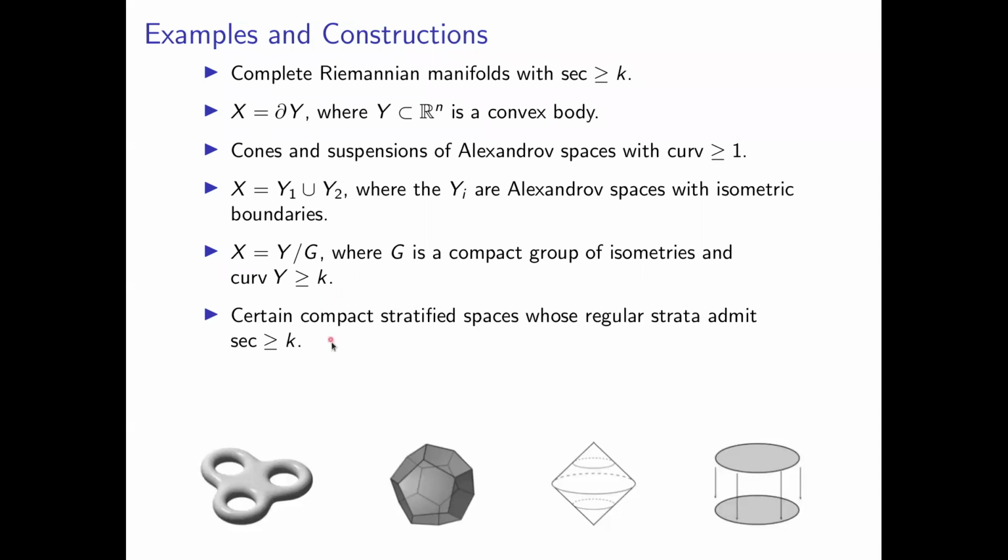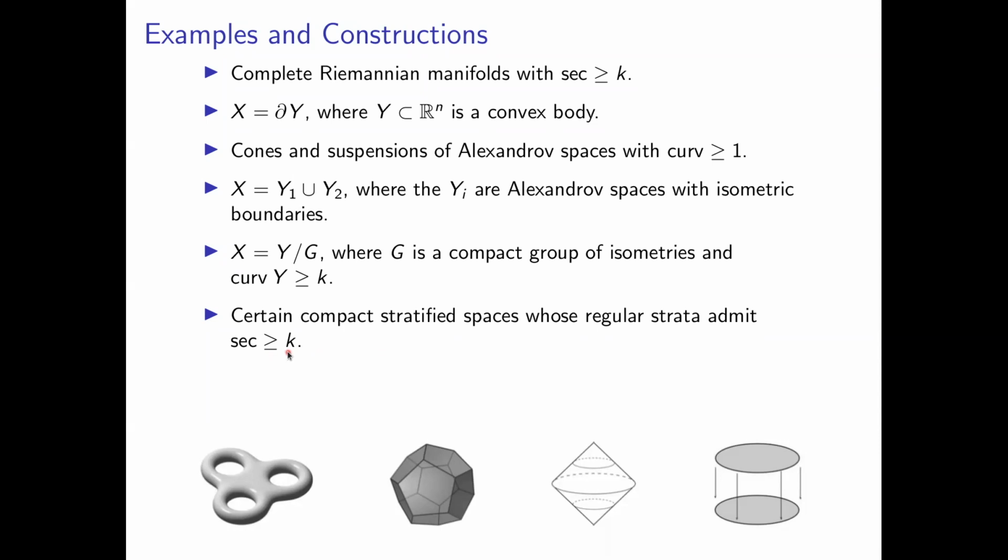And now one can also put together new Alexandrov spaces out of certain pieces, right? If you have a certain compact stratified space, and these manifold pieces have lower sectional curvature K, then, well, under certain conditions, you can construct a metric on the stratified space.